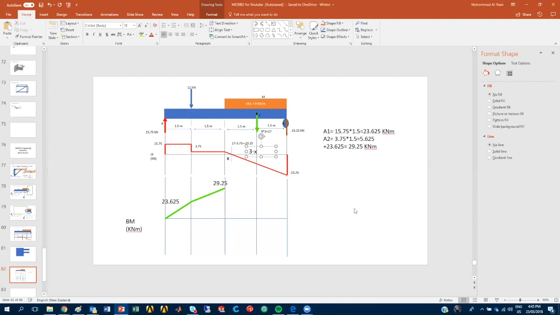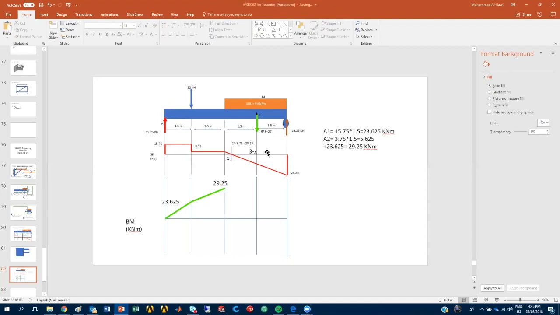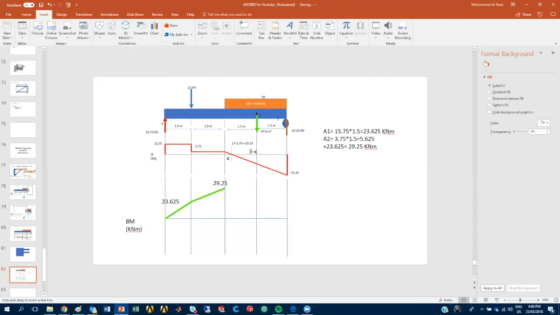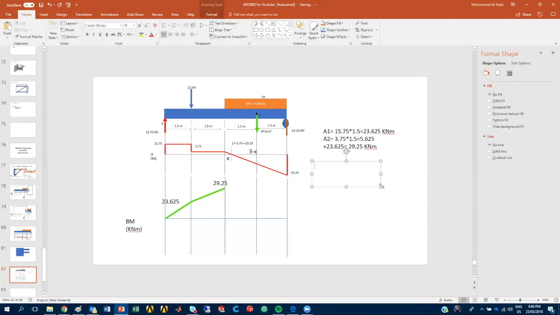Perfect. Okay, so if that is 3 minus x, and this one, the tiny one, is x, now I need to find the value for x. So we type an equation to show us how to determine the value for x. That is a very easy job, using the trigonometry ideas.